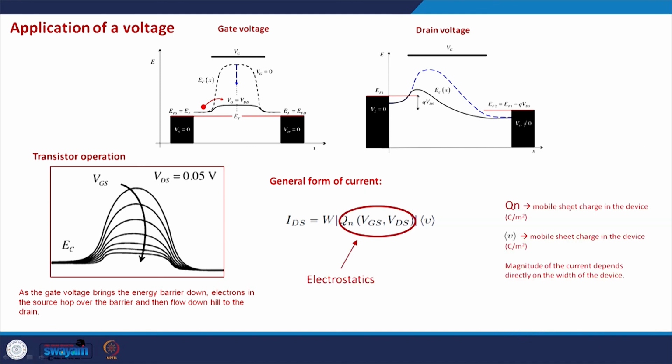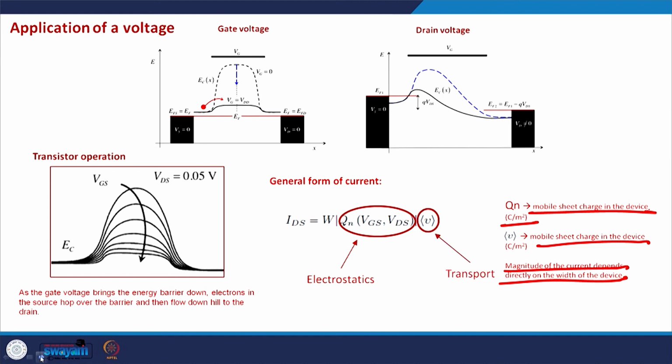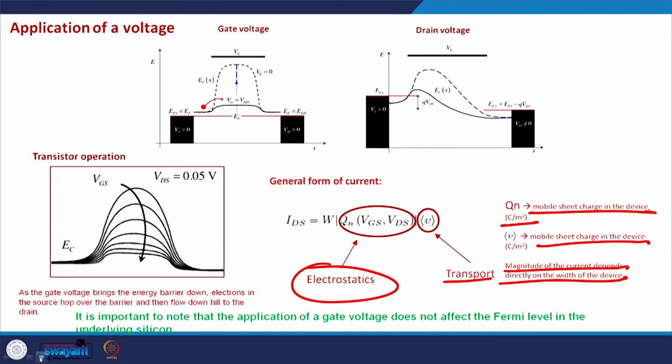So this is the mobile sheet charge in the device, Qn. V is the velocity. So the magnitude of the current depends directly on the width as well. The more the width, the more the current. Velocity is the purview of the transport theory, and Qn is in the purview of the electrostatics.